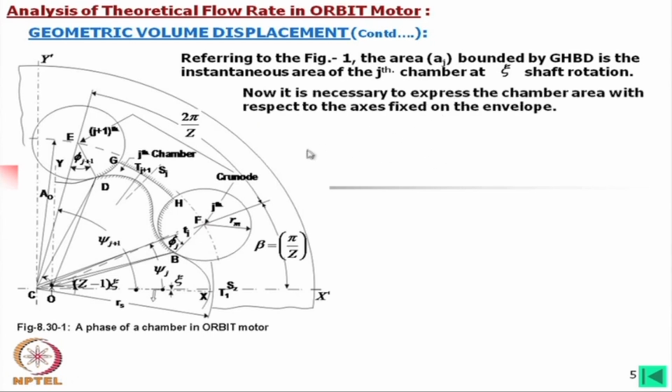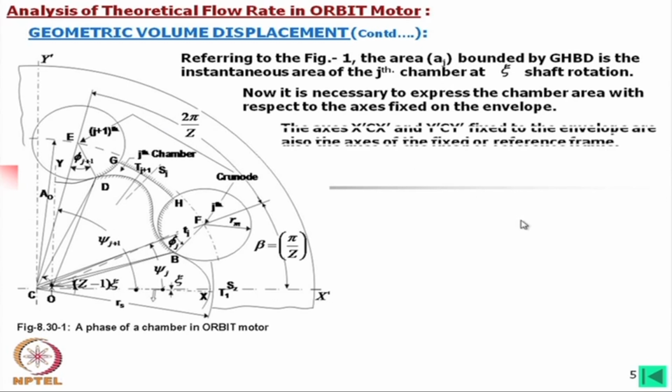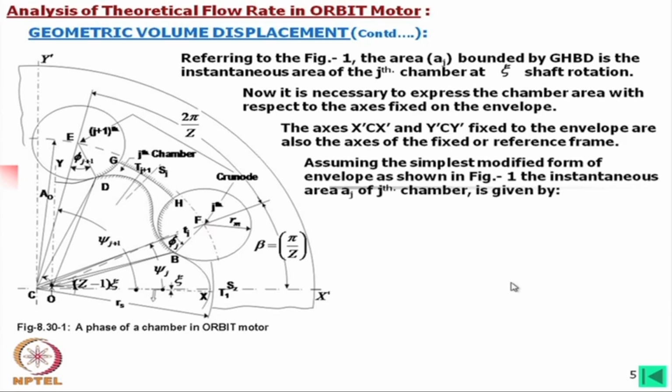It is necessary to express the chamber area with respect to the axis fixed on the envelope, the ring. So, the axes xc x dash and yc y dash fixed on the envelope are also the axes of the fixed reference frame. That means this is fixed.